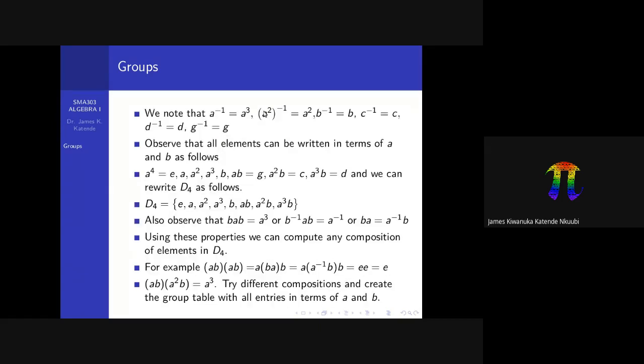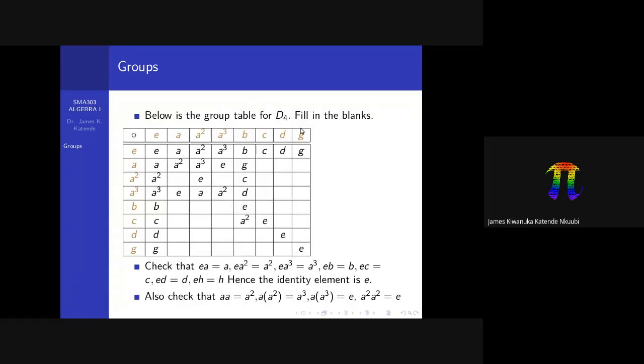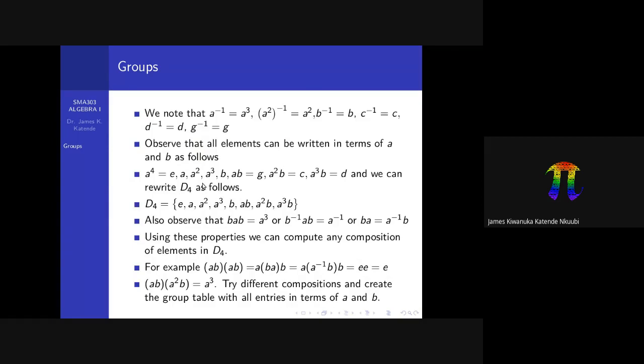The inverse of A squared is itself, because if you go back to the table, if you have A squared and A squared, it gives you the identity as well. So A squared is its own inverse. And we can find the inverse of all the other elements. B, C, D, and G are all their own inverses. So the inverse of B is B, the inverse of C is C, the inverse of D is D, and the inverse of G is G.